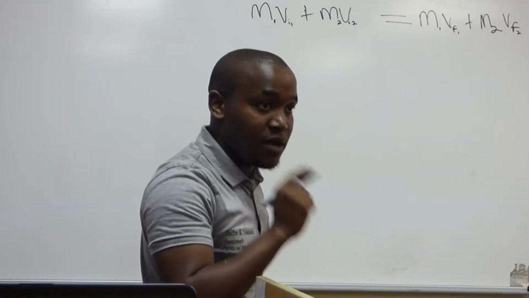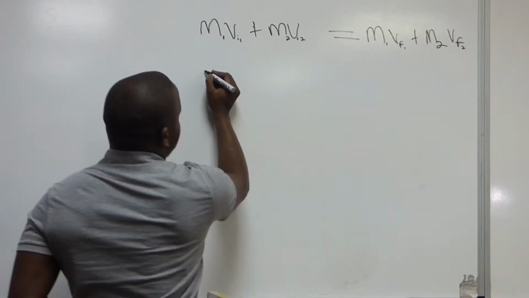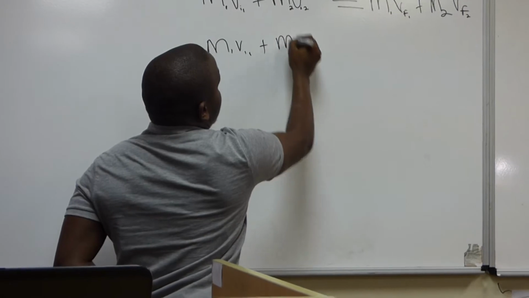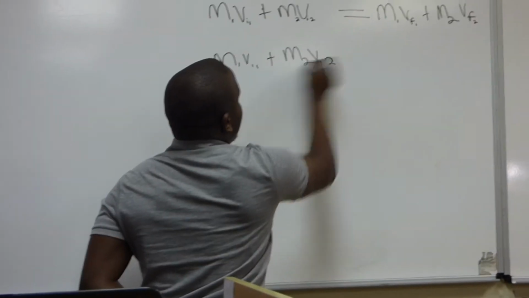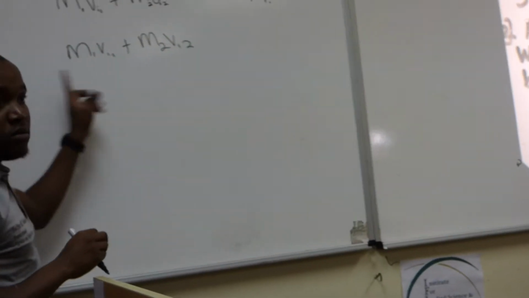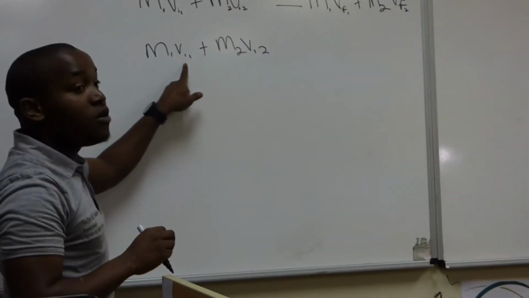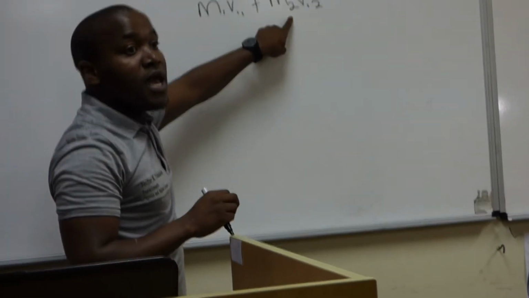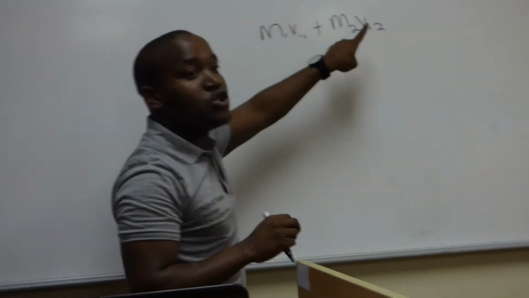Now, coupling, it will come in a sense that we have this before. What do I mean by this? This is the mass of object 1, initial velocity of object 1, the mass of object 2, initial velocity of object 2.